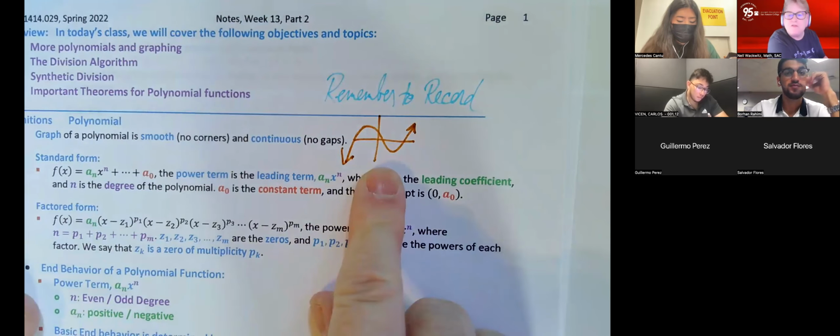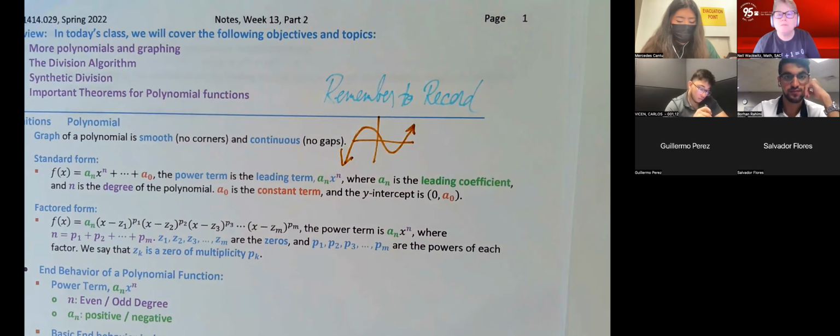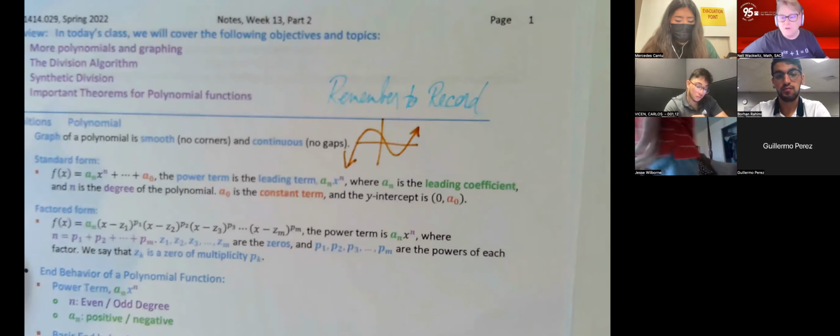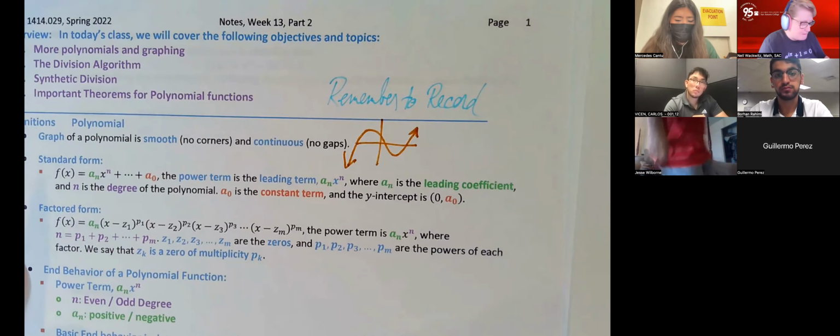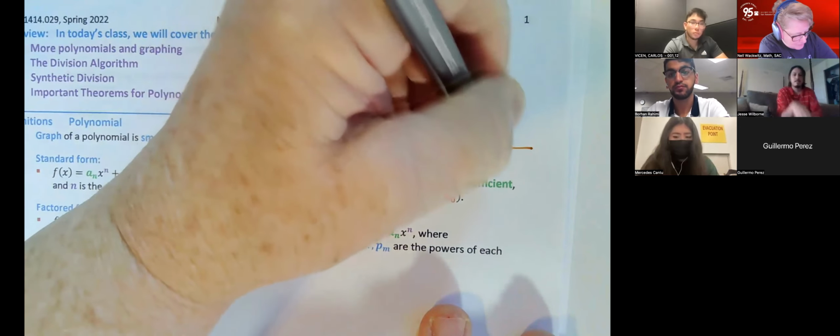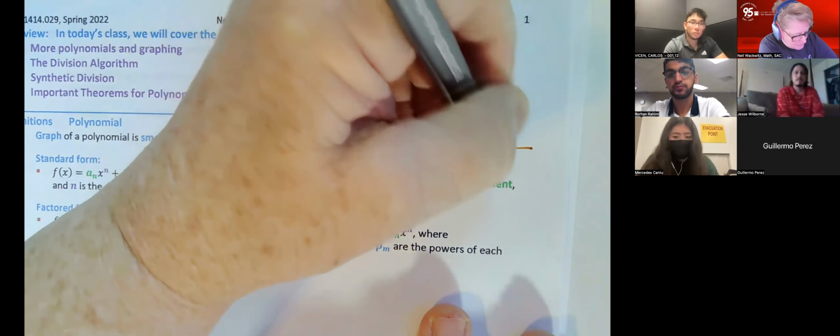Could this be the graph of a polynomial? Okay, good. If you're watching this later, just write down yes or no with a little sketch of the graph, and you can upload those answers later. What about this graph? Could this be the graph of a polynomial?